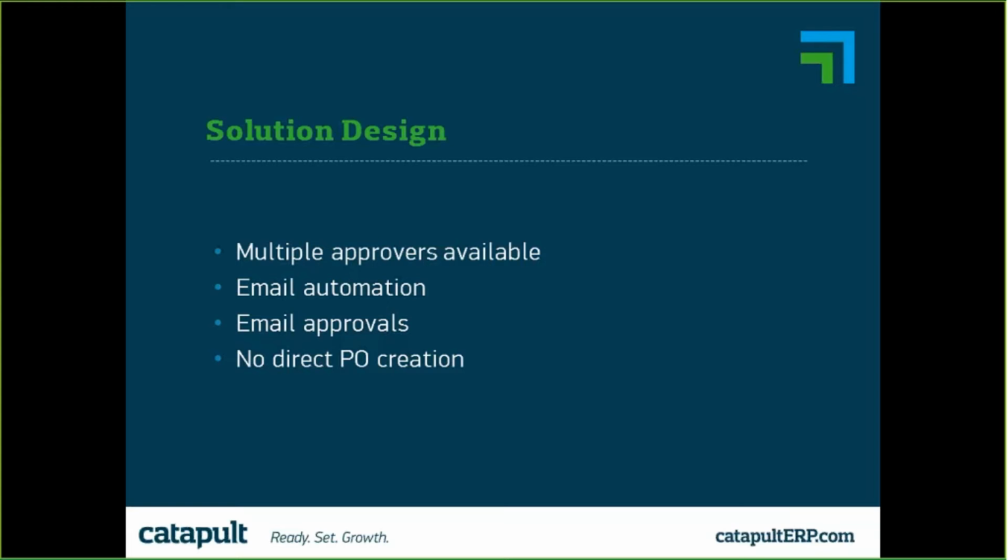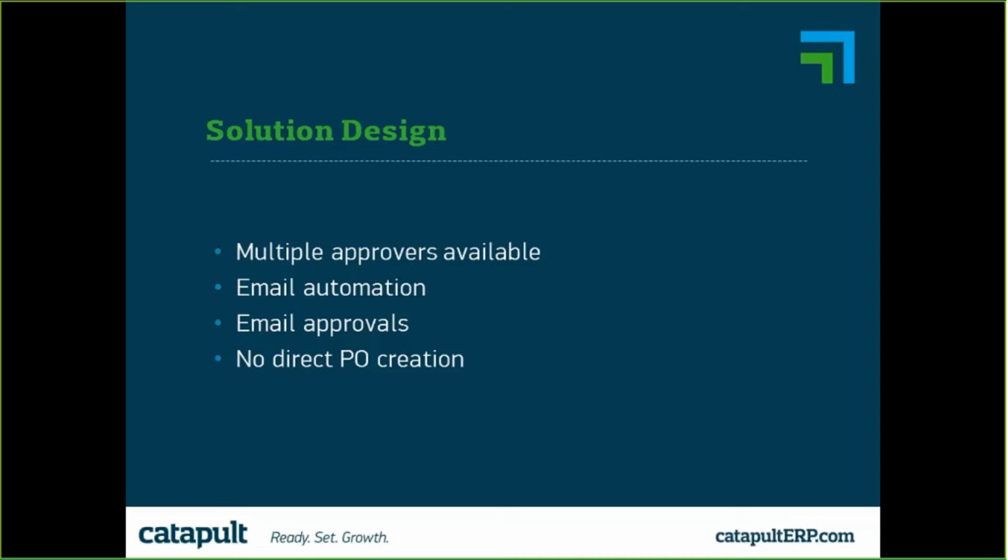The other areas that were a big concern was we needed to have a system that would send off an email, attach a PDF of the particular purchase requisition or quote that was being created, and then we also had to give the ability to accept or reject that particular request for a PO creation.